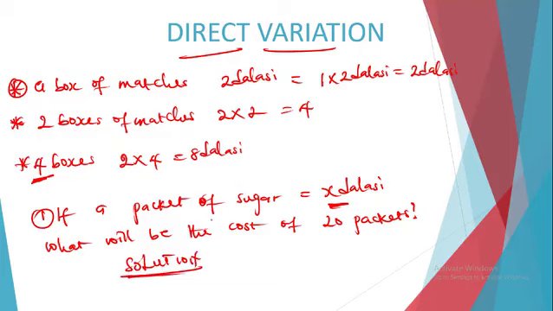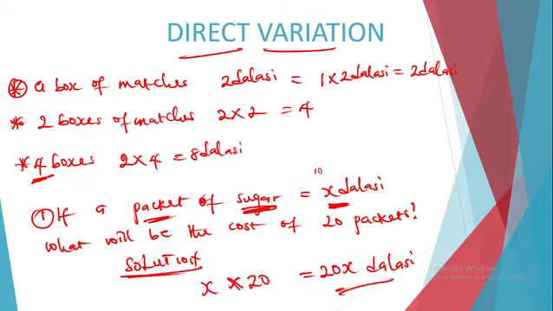If the price of just a packet is $X, the price of 1 is equal to X. So the price of 20 will be X times 20, and then we have $20X. As simple as that. I hope we're following.